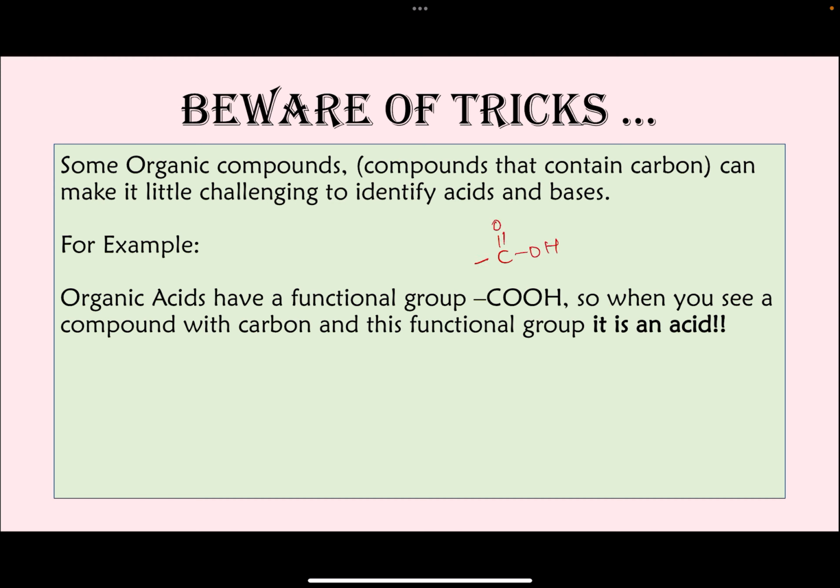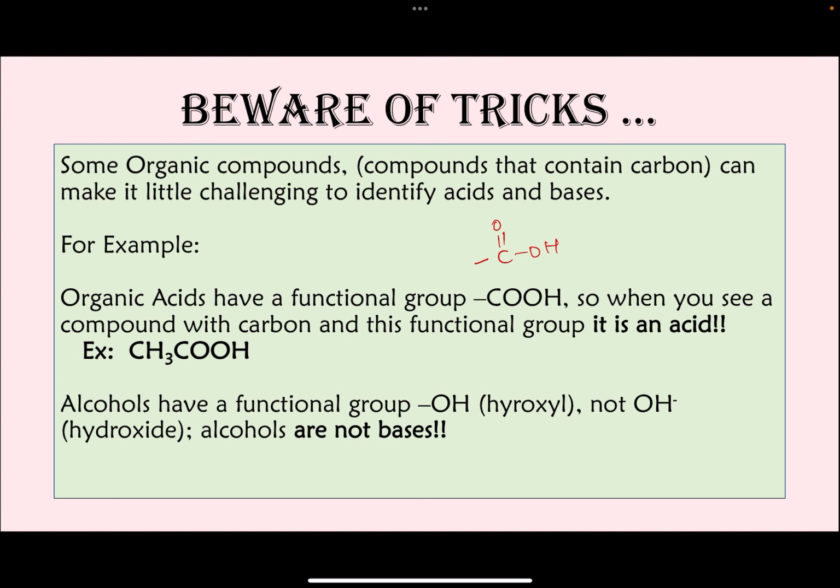Now, they do have that OH, which can make you think that this is a base because it has a hydroxide. However, this is a functional group for an acid. So be very careful with that. Now that we know the organic acids, it should be easier for you to identify. And the same thing with another type of organic compound, your alcohols. They also have the OH, but they are not bases, even though they have that hydroxyl group.